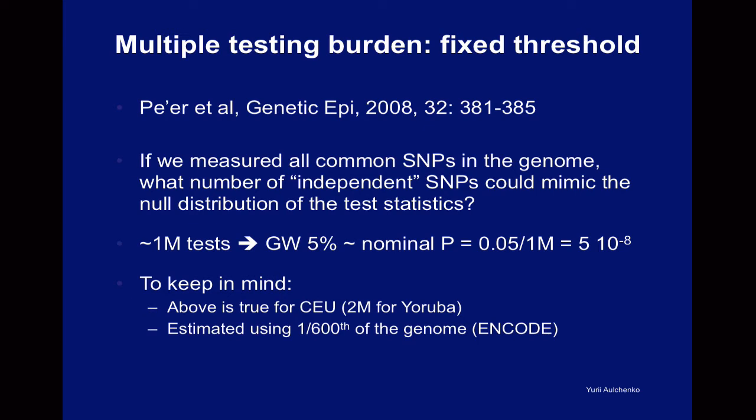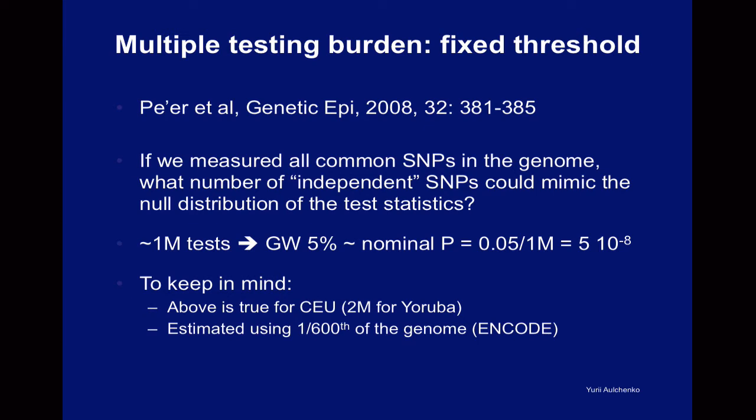And by effective tests we mean that while these real tests, 10 million tests, may be correlated, what would be the number of independent tests corresponding to the same level of correction?